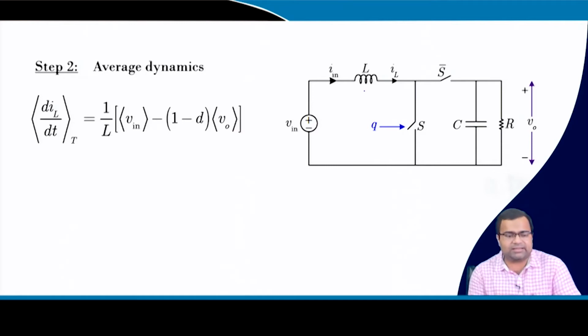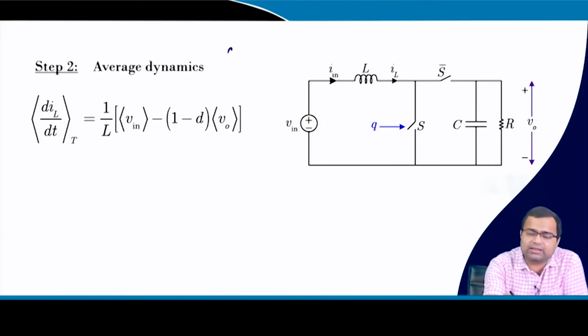So, average current dynamics you can write, we already know that, IL dt over a cycle.